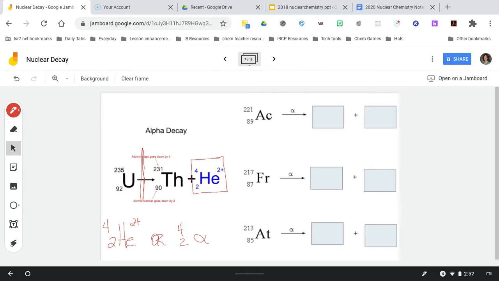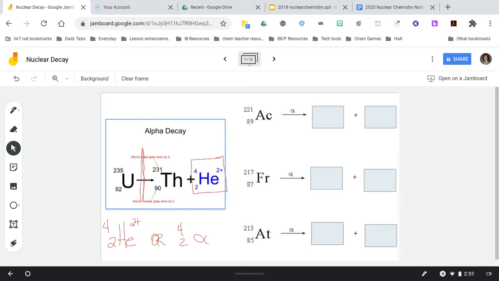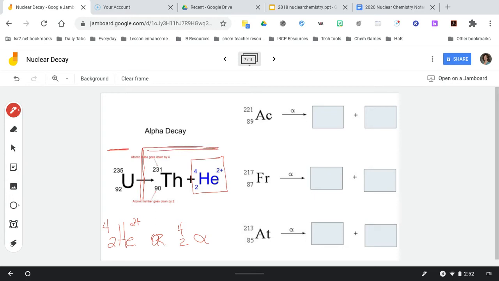On the left-hand side, these are going to be where I start, and then the right-hand side is going to be the ending. So we've got reactants essentially on the left, products on the right.